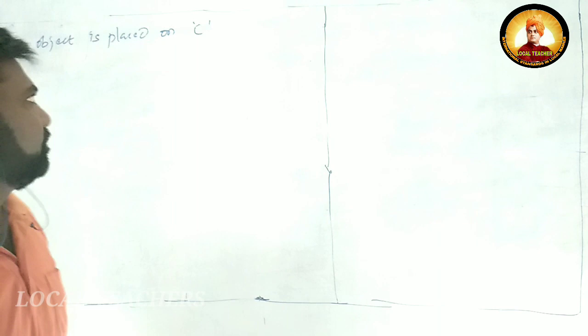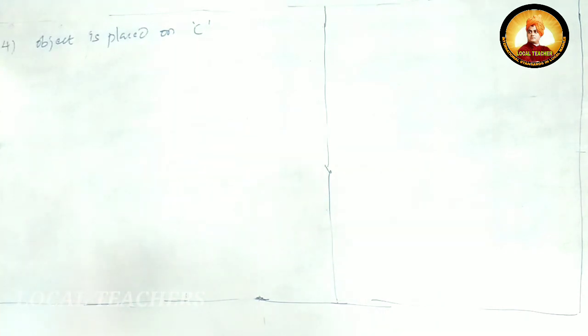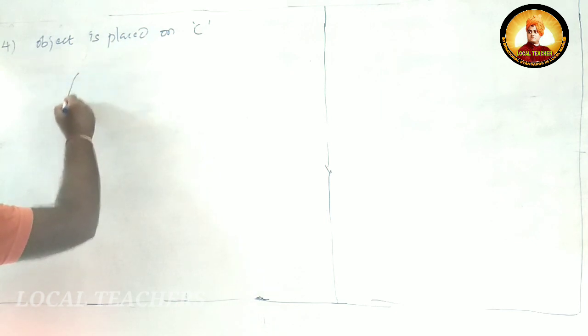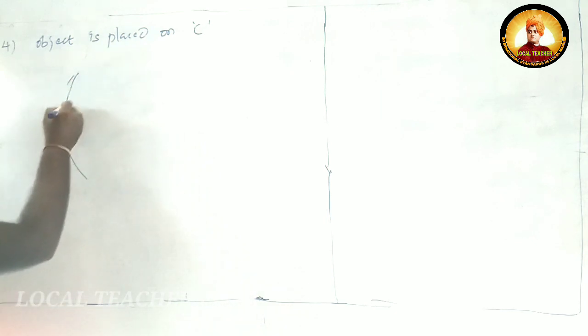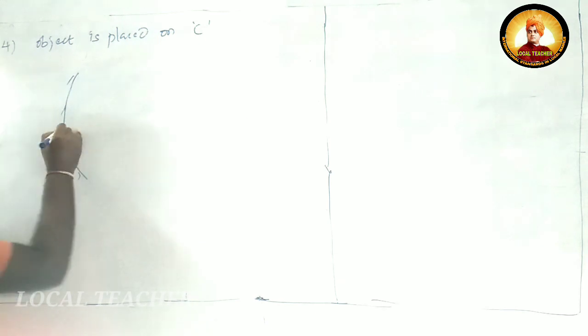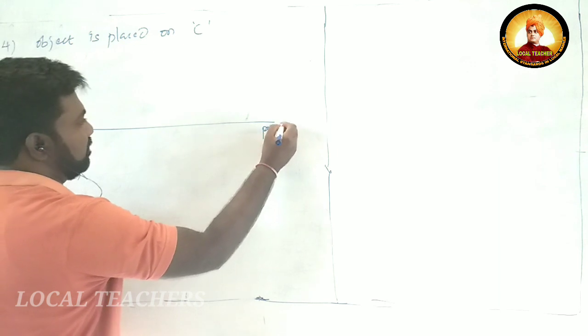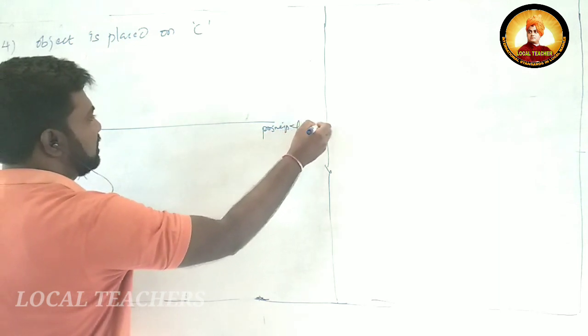Let us go for position 4. The object is placed on the center of curvature. So where the image forms, we will see. Let us draw a ray diagram for that. Here we consider a concave mirror. This is the principal axis.